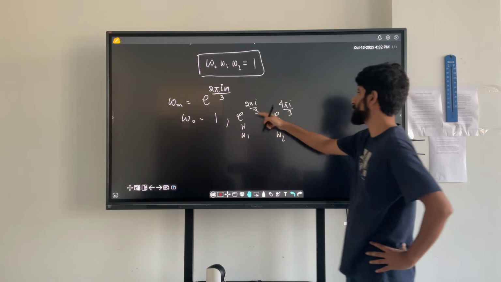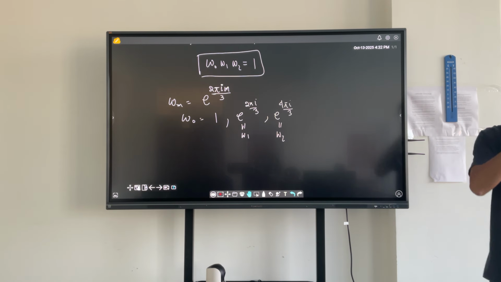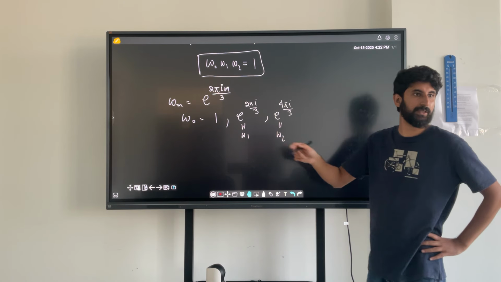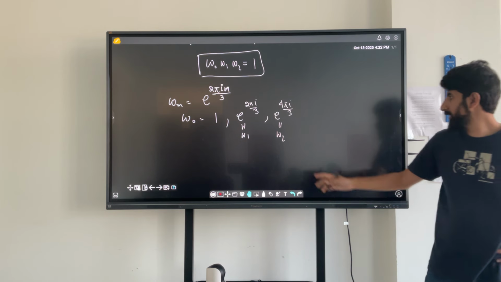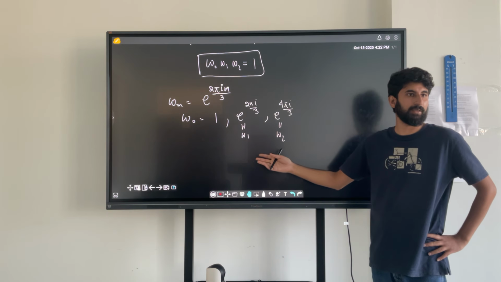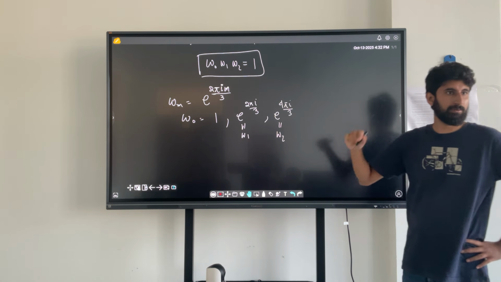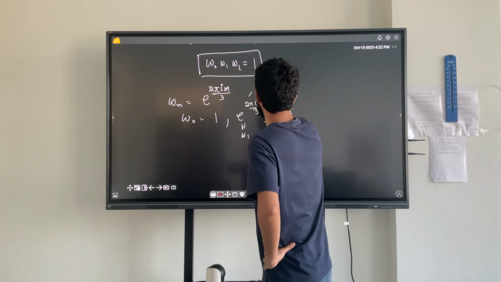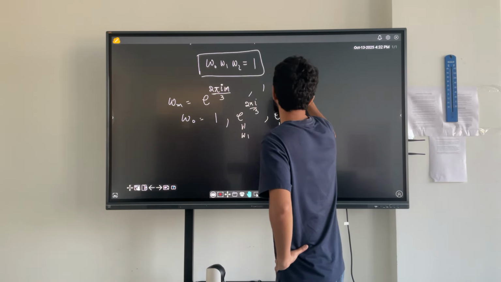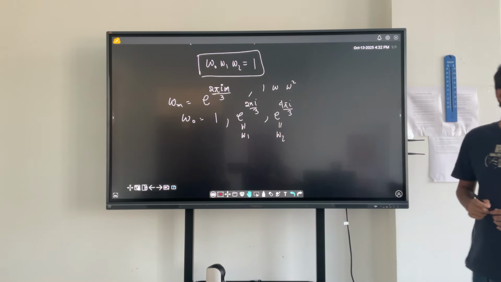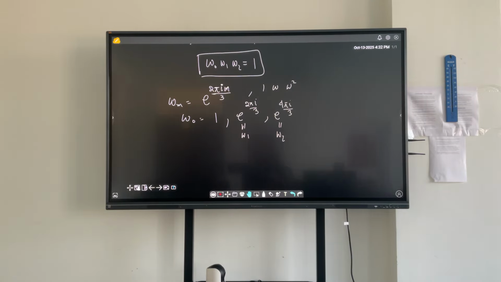Note that omega 2 is just the square of omega 1. So sometimes people denote cube roots of unity as 1, omega, omega square, because you really don't need two symbols. You only need one because this one is just the square of this. If I square this, does this ring a bell? Have you ever heard 1, omega, omega square are cube roots of unity? Good.